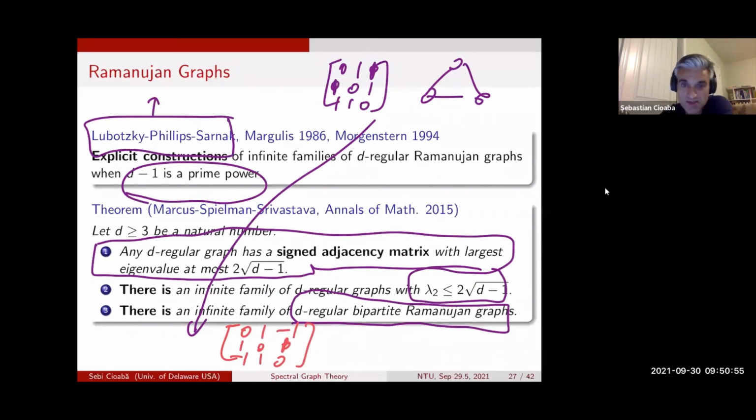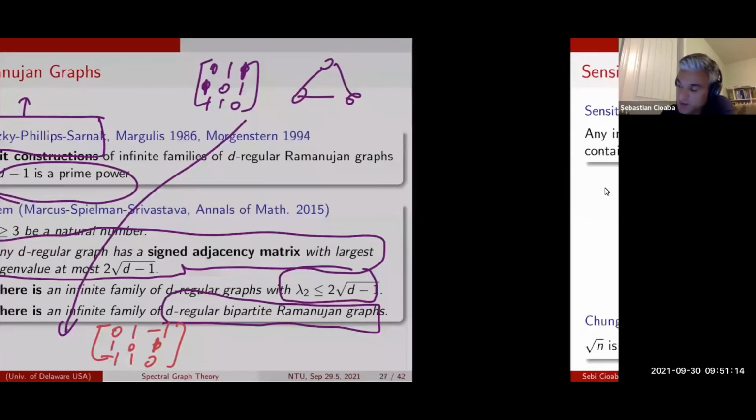And so that's their big result. So it uses this notion of signed adjacency matrix, which is very important and appears in the study of equiangular lines, for which you have an expert at NTU, Gary Greaves, and so on. But it's been used also.